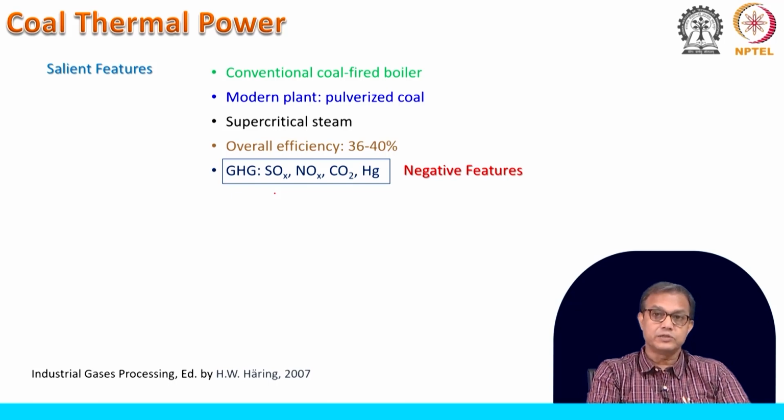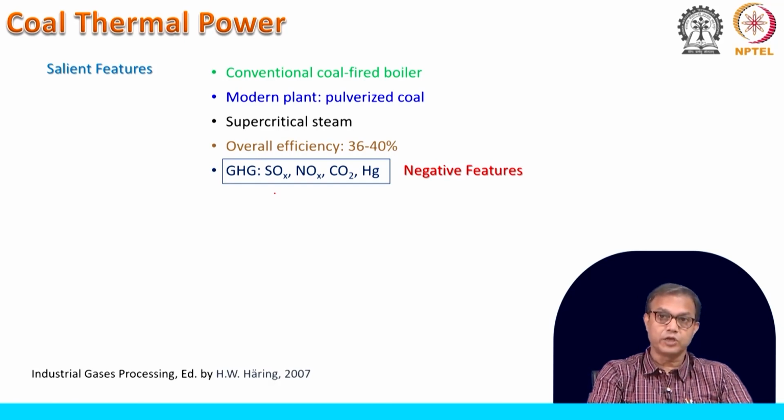The release of these gases from the thermal power plant we cannot accept any longer, but there are so many thermal power plants in India and abroad, and we have seen that there is a good amount of coal reserve in many parts of the globe.